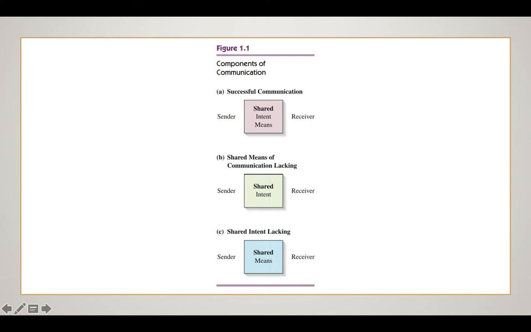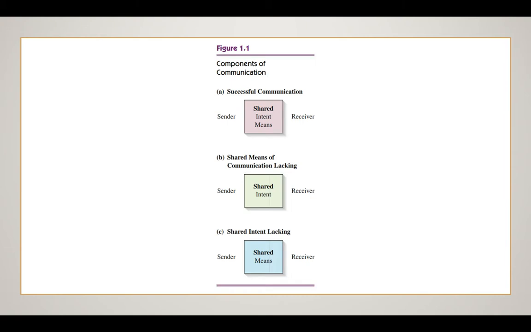This is a nice figure in your book, figure 1.1. But again, just reiterating that point, this first box showing everything you need. And then saying here, if you're missing one, maybe you have the same means, so that would mean you have the same language, but you don't have the same intent, then it's probably a failed communication.